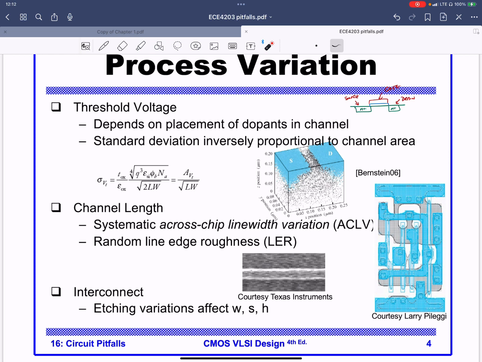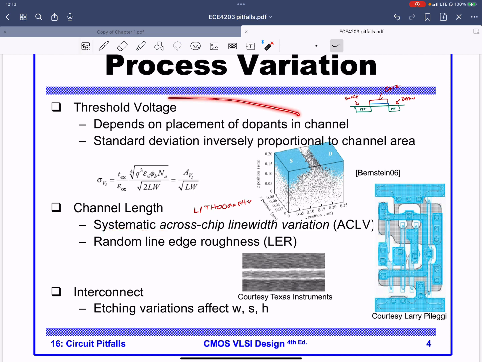We have very sophisticated lithography machines that are printing these transistors on the chip. And that replication from the mask to the chip isn't perfect. You will have some systematic variations in the width of devices across the chip. Systematic means every chip you get would have this variation.